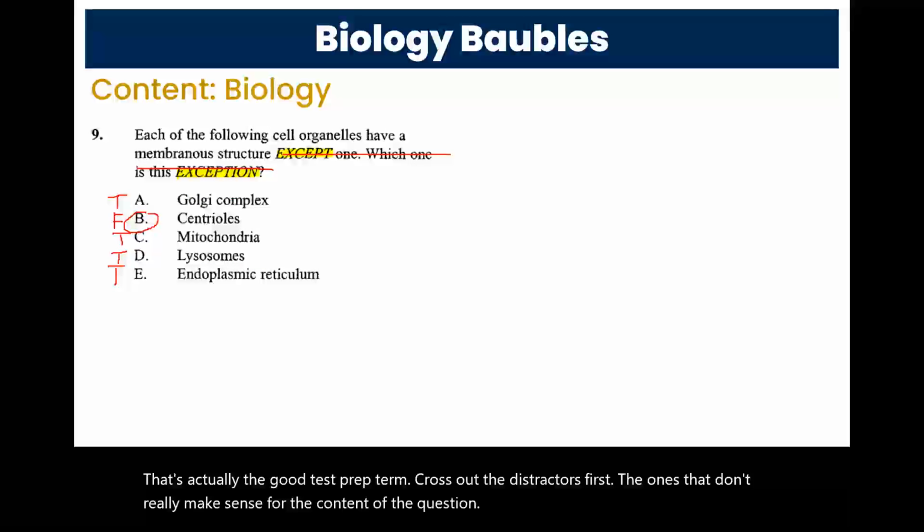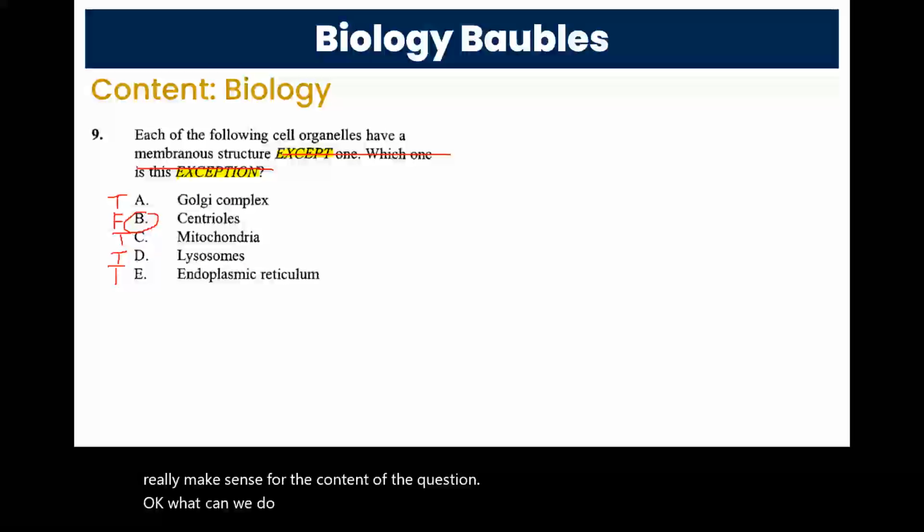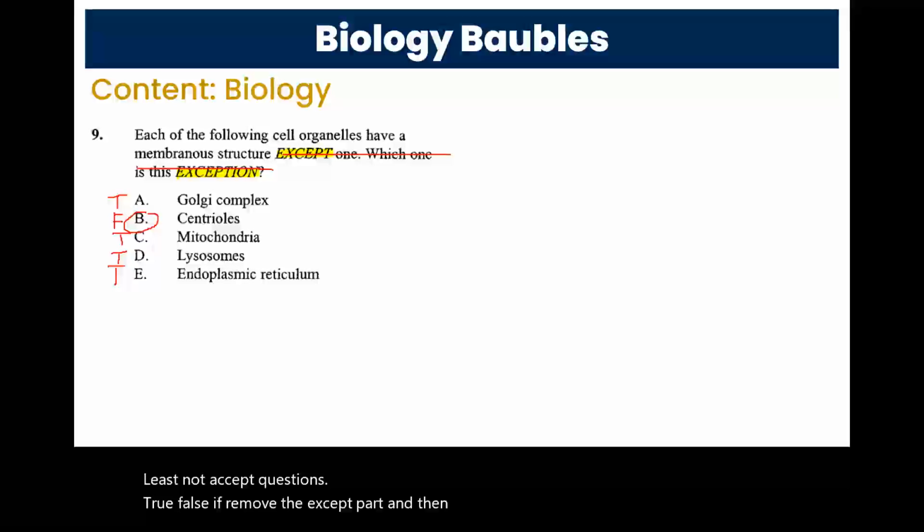Okay, what can we do on except questions? True-false it. Remove the except part and then just true-false it, and pick the false answer.